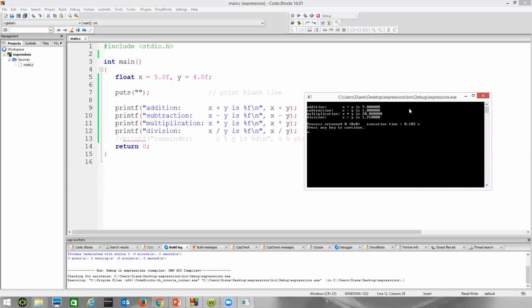All right, so we get 9, 1, 20, and 1.25. We get those 6 decimal places. I could have cleaned that up by showing fewer decimal places. We get the 6 by default, but we can see here the difference between integer division and floating point. 5 divided by 4 gives us 1.25. So we don't lose that portion to the right of the decimal place.